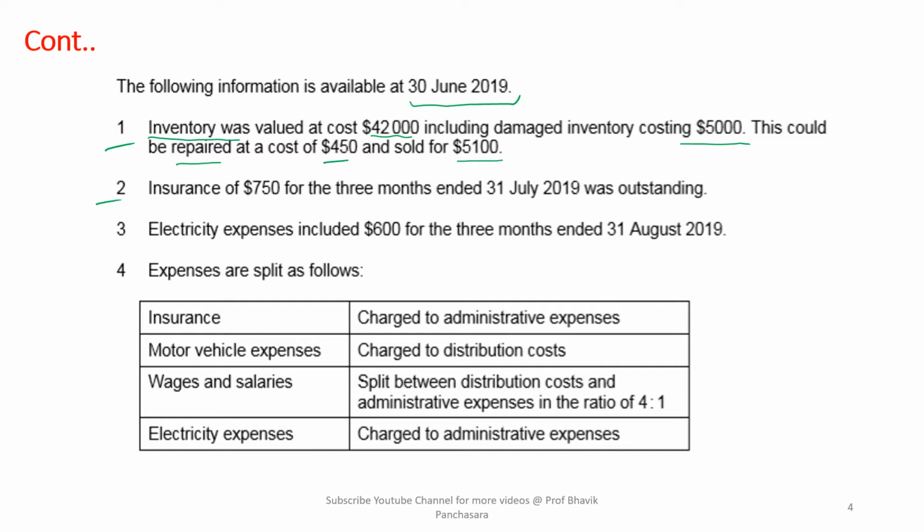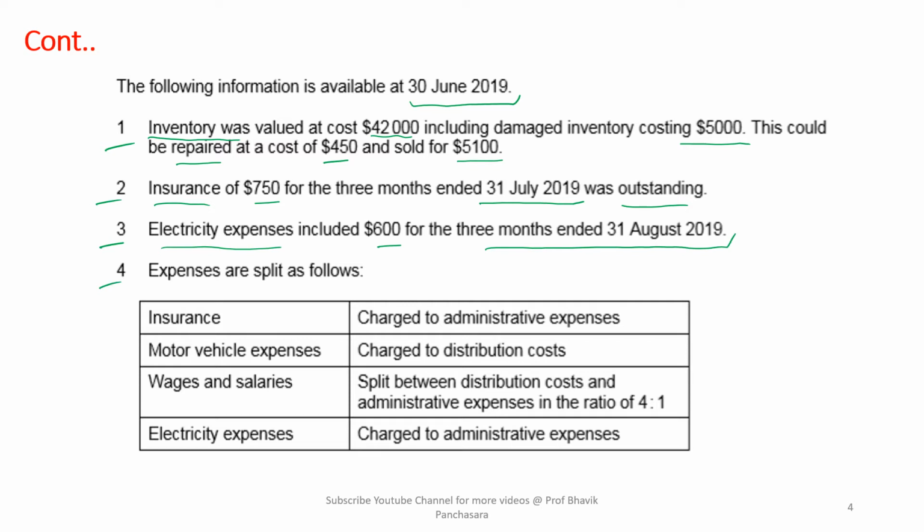Second information is about insurance, that is amount 750 for the 3 months ended 31st July 2019 was outstanding. Third information is about the electricity expenses, that includes 600 for 3 months ended 31st August 2019.